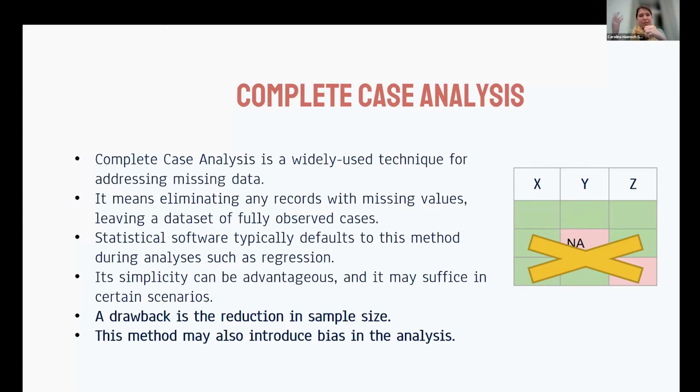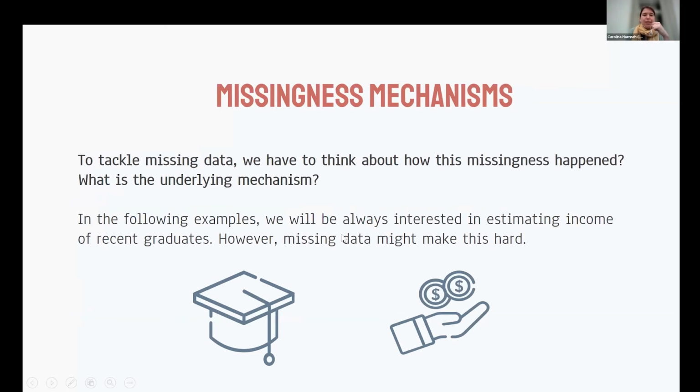And we will now take a closer look at different types of missingness, because some typically lead to bias in estimates and some don't. I will go through 3 different types. And to make this more understandable, I will use an example in the following.